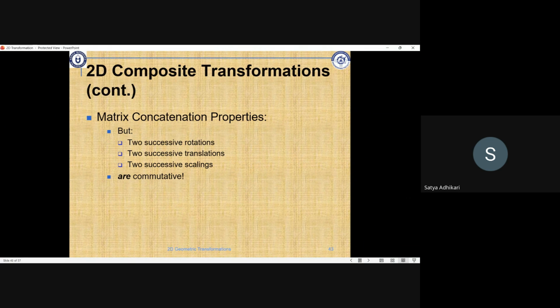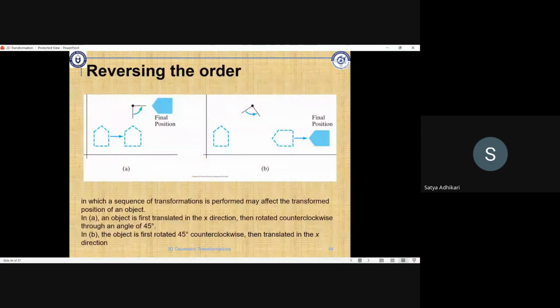But two successive rotations, two successive translations, and two successive scalings are commutative. This is an interesting thing. Sometimes the order in which a sequence of transformations is performed may affect the transformed position of an object. Suppose you make a translation then scaling. Is it the same as first scaling then translation?